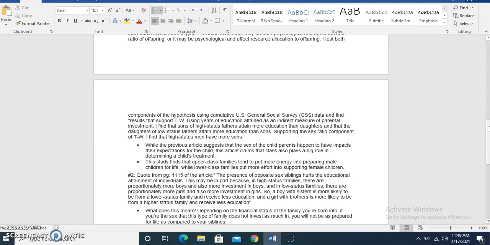For a girl, her body can handle more stress. The girl's not as fragile as a boy, and so we can imagine that if somebody's from a lower class family, they probably are more stressed and have less ideal conditions, and so there just are more girl children in lower class families. That's just kind of like an interesting point.